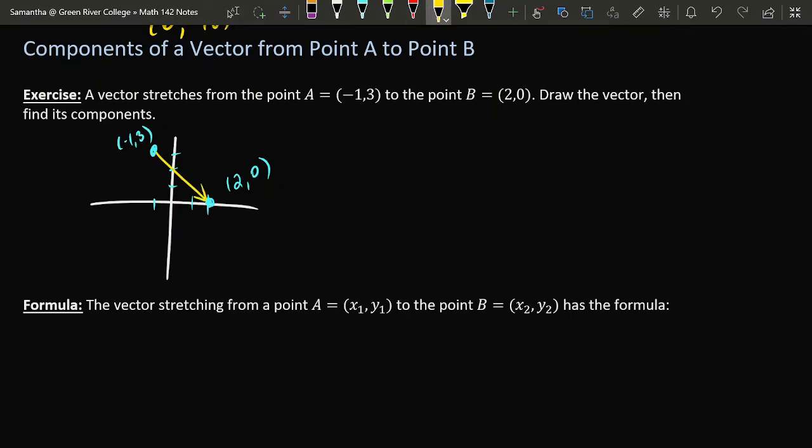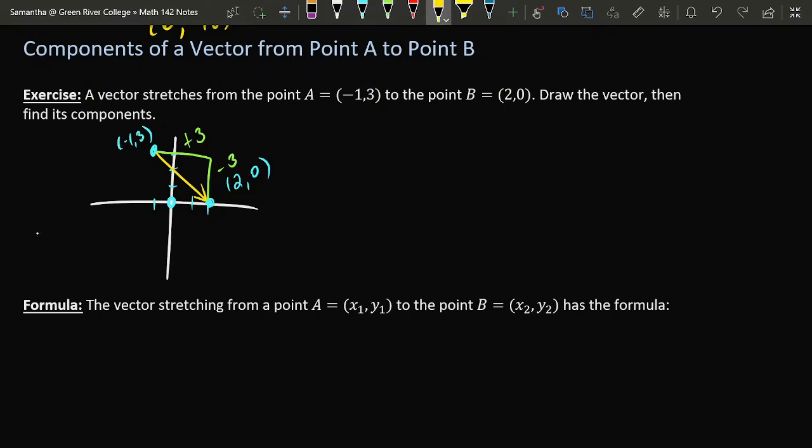Our goal is to find the components of this vector, which amounts to figuring out what would happen to the arrowhead if this same vector was drawn starting from the origin. Now, to recreate this vector as drawn from the origin, I'm going to think about what it takes in terms of horizontal and vertical movement to get from point A to point B. Horizontally, I'd have to move 3 units to the right, and vertically, I'd have to move 3 units down.